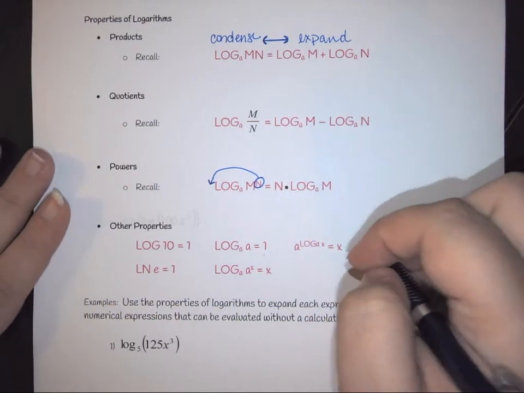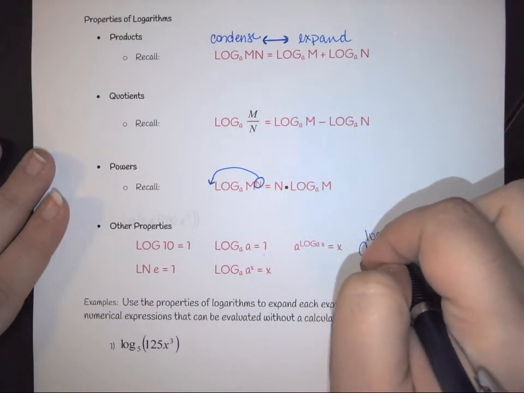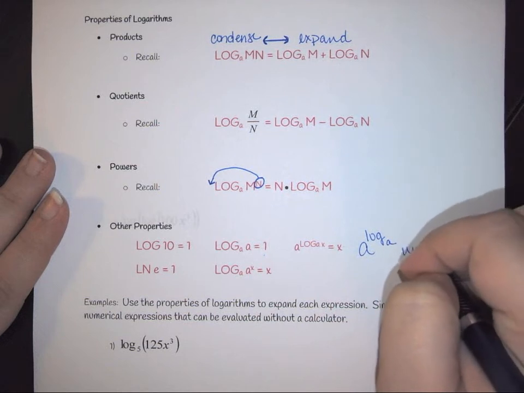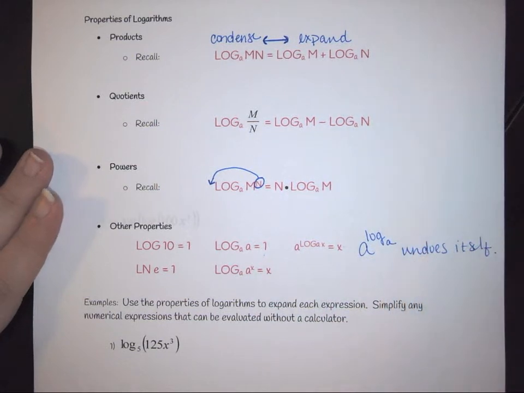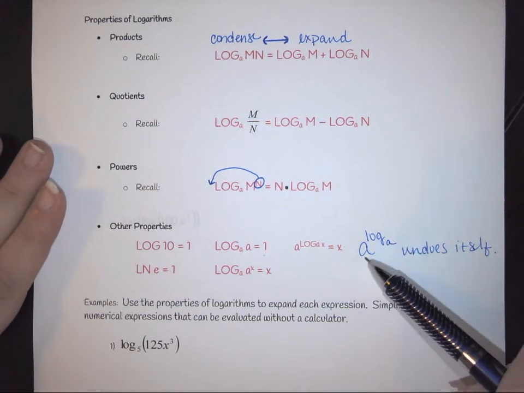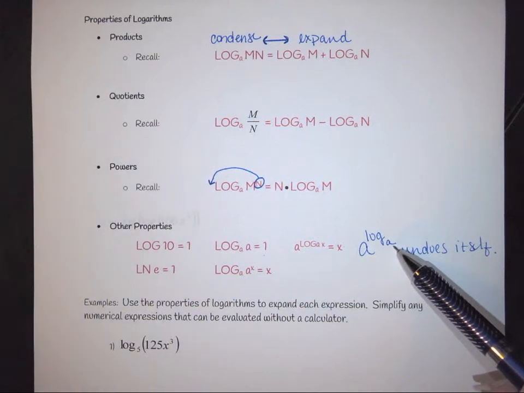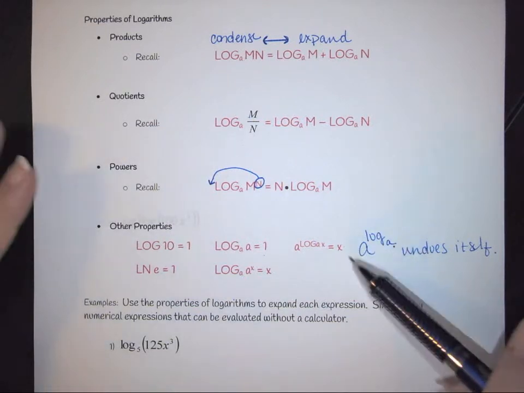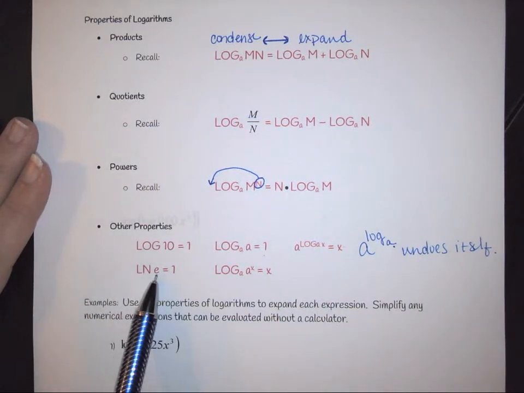In other words, a to the log base a undoes itself. Okay? So there, we're making sure that your two bases, the exponential base and the logarithmic base, are exactly the same. If that's the case, then this undoes itself, and the only thing that's left is what you were taking the log of. Same for natural log.